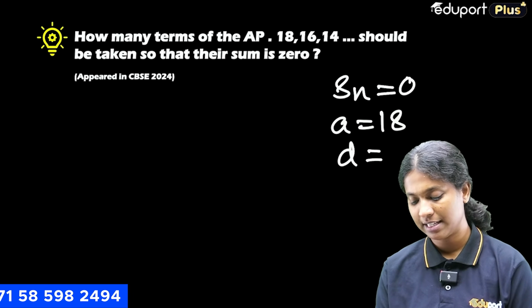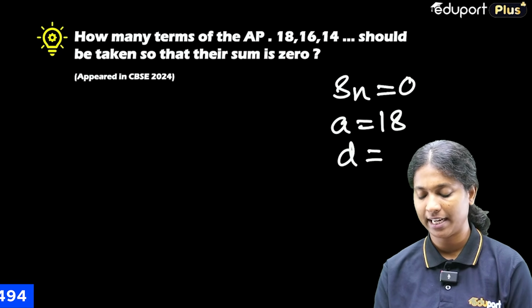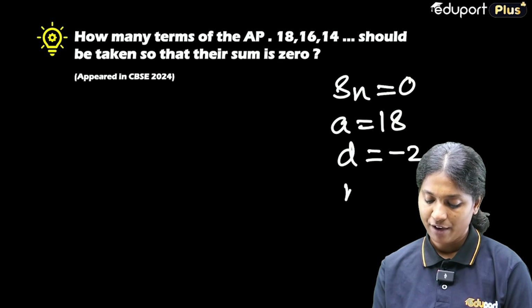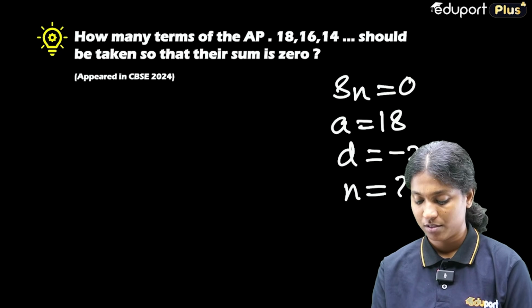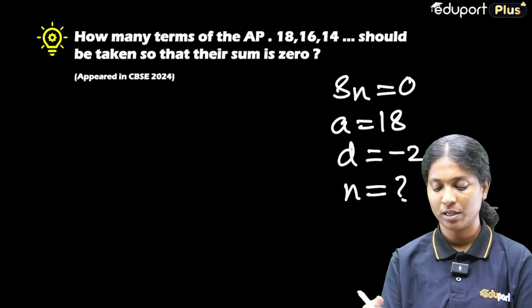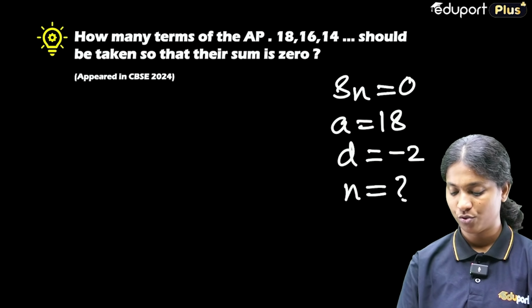The common difference is the difference between consecutive terms, so we can subtract any of them. 16 minus 18 is minus 2, and we have to find the number of terms. 14 minus 16 also is minus 2.